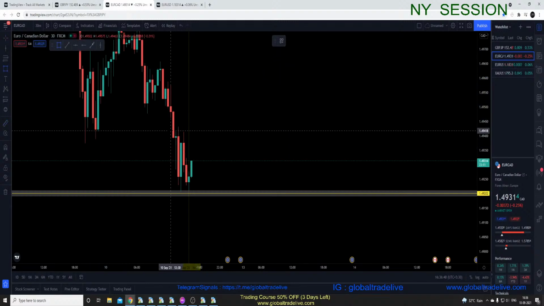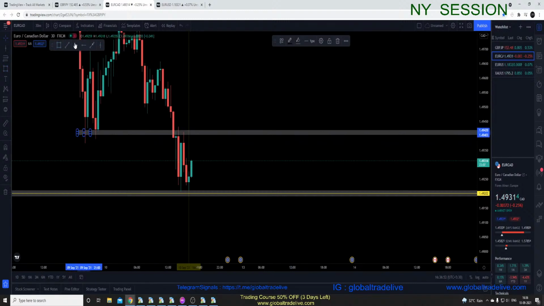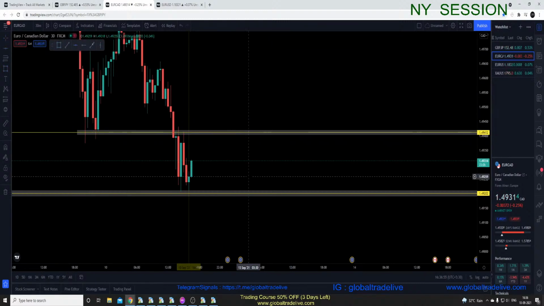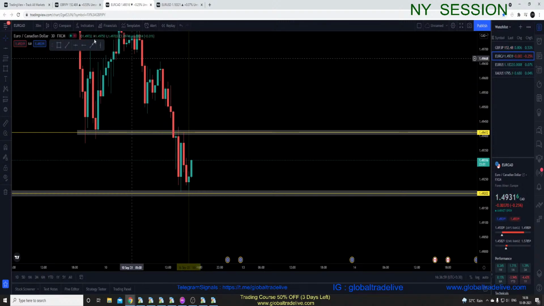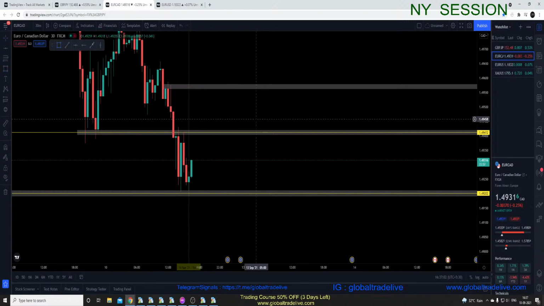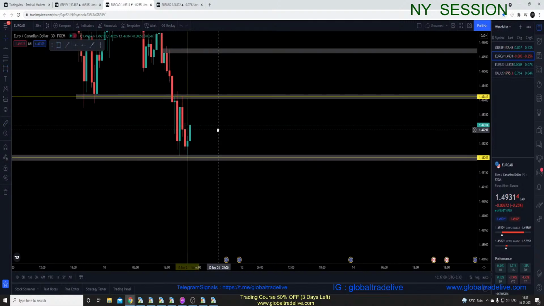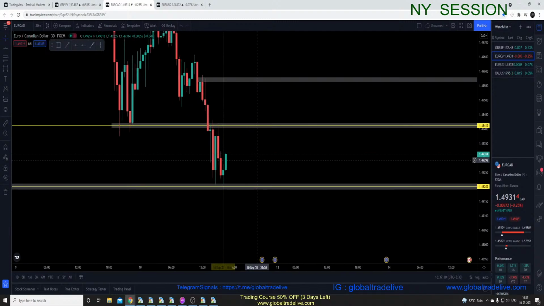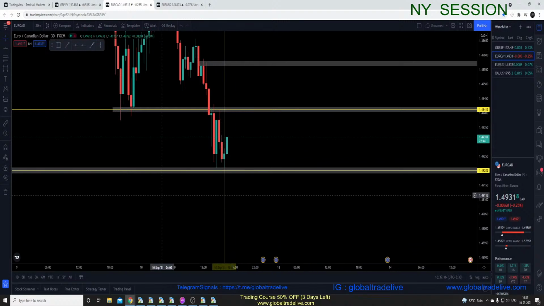So I think we can execute buys above this area with the target of this price. The range is about 14-15 pips, so 10 pips can be gained easily, but I'm going to wait, because I think, according to me, it's a sell, not a buy.